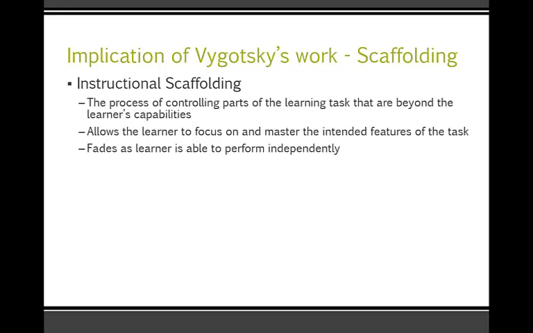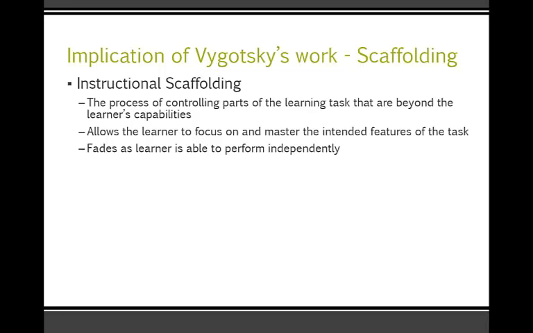What it does is allow the learner to focus on and master the intended features of the task. And it's really important that instructional scaffolding fades as the learner is able to perform independently. It has to do that because once the learner can do it on their own, their ZPD has shifted, because that no longer is part of their ZPD. If we never fade, then the learner never is able to perform it independently.